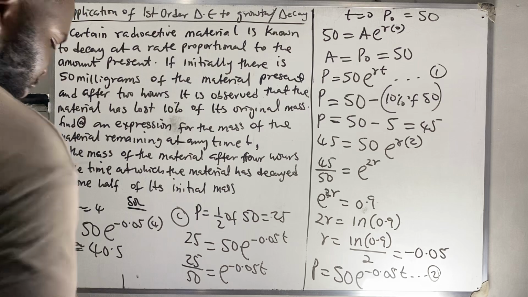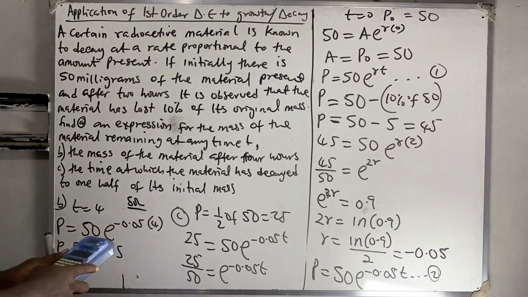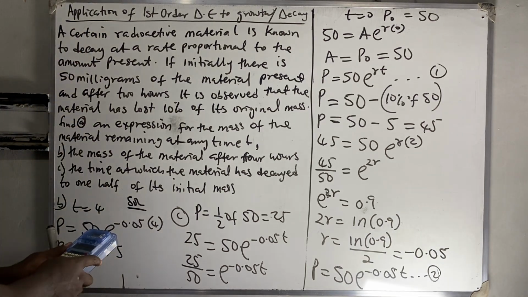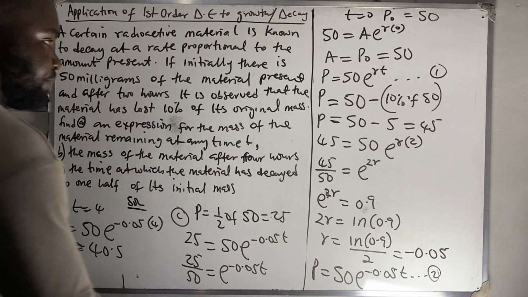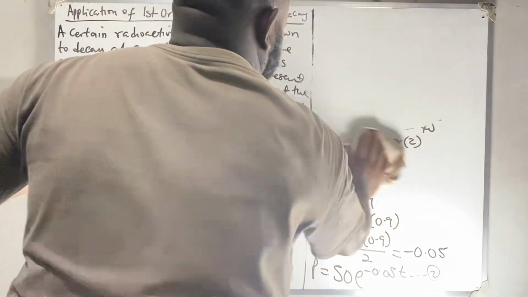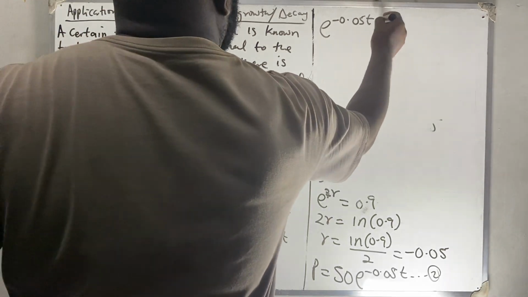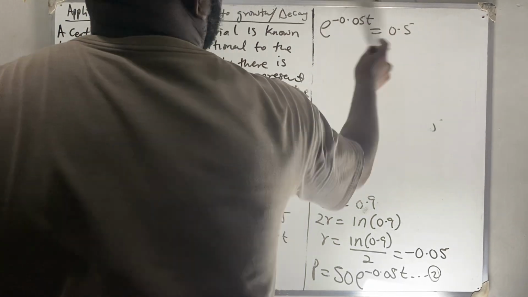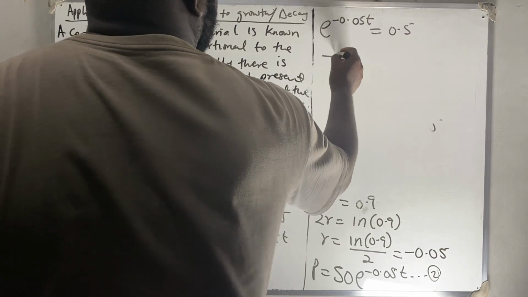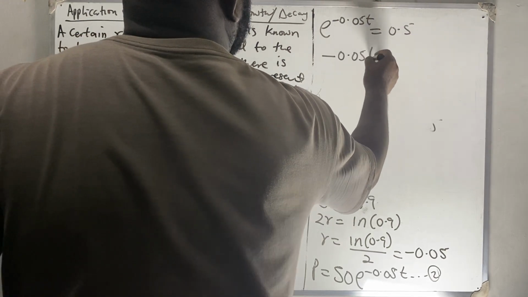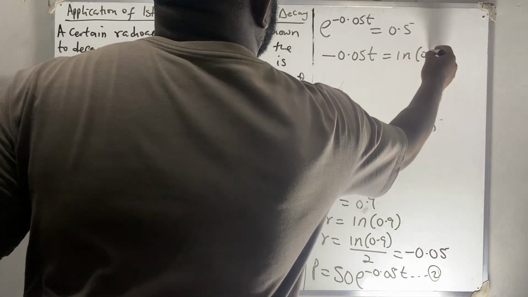So therefore, 25 divided by 50 is giving us 0.5. So we will be having that exponential minus 0.05t is equal to 0.5. So exponential moving here to become ln. So minus 0.05t is equal to ln 0.5.